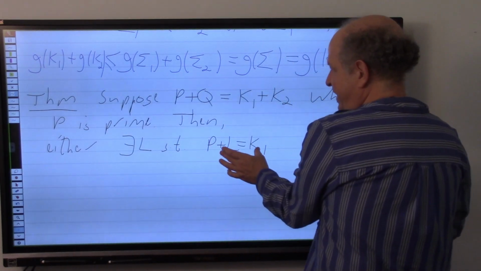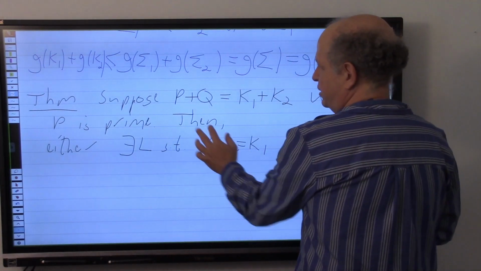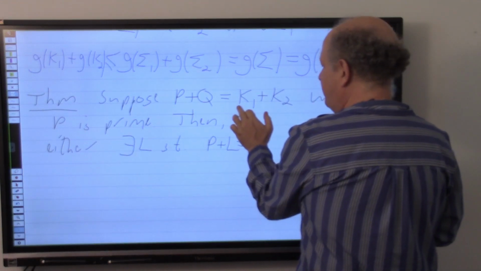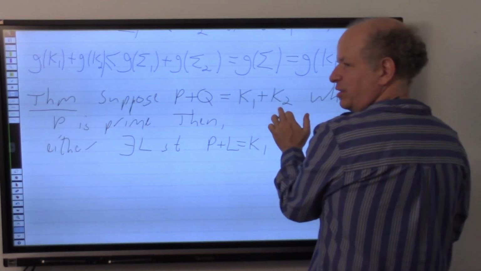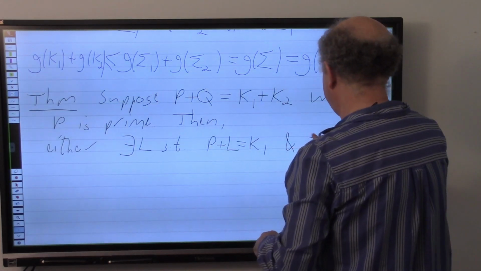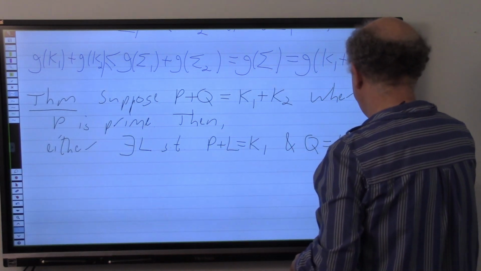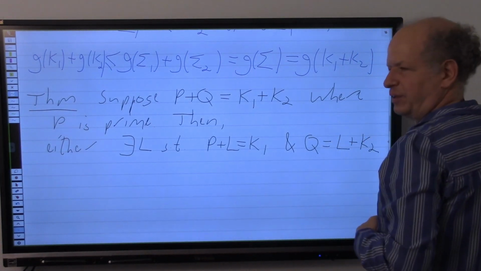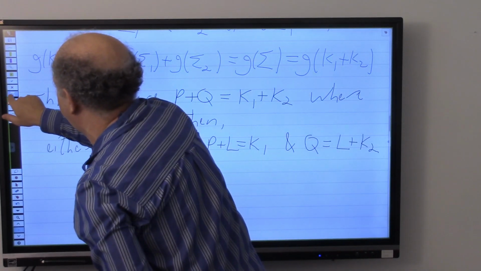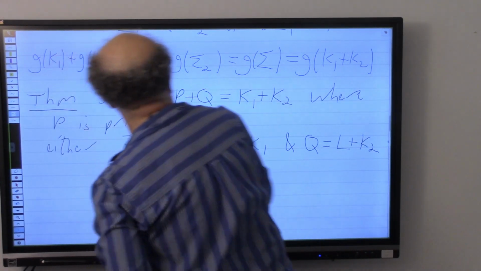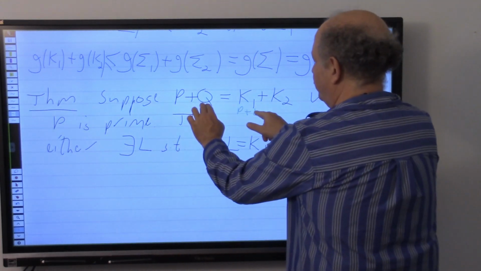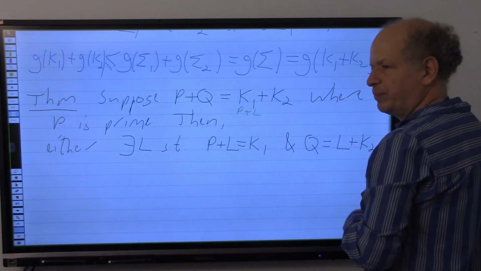So if P plus L is equal to K1, then you can write P plus Q is equal to P plus L plus K2, and then cancel the P, and then Q is equal to L plus K2, right? So if, instead of K1, I write in my mind P plus L, now I cancel the P's and I'm left with Q is equal to L plus K2.